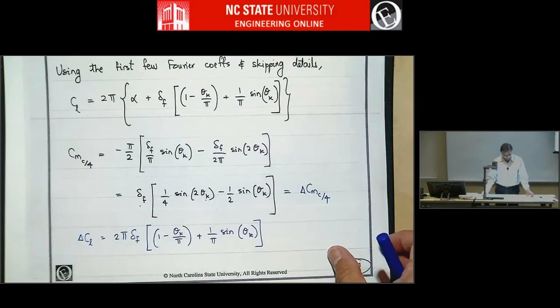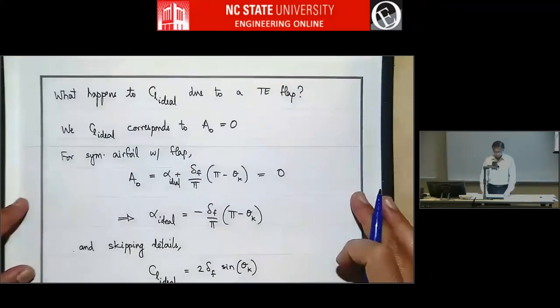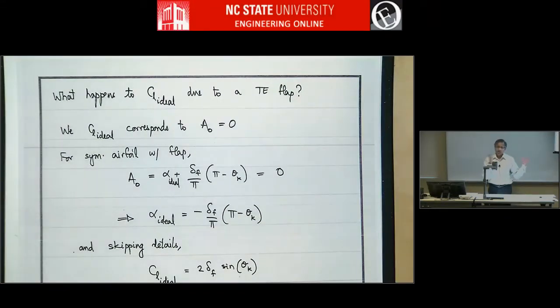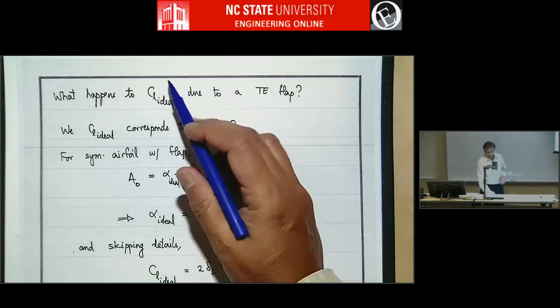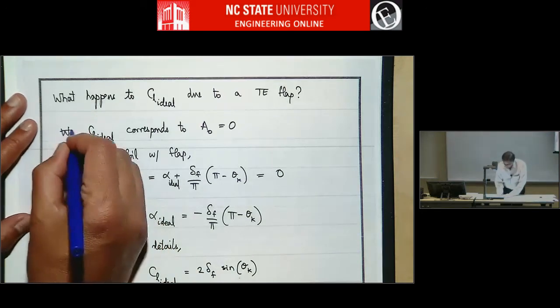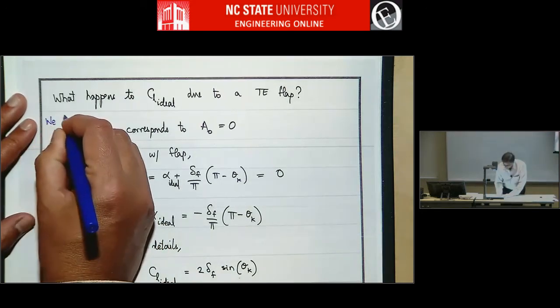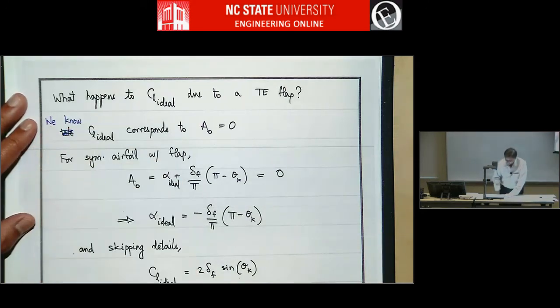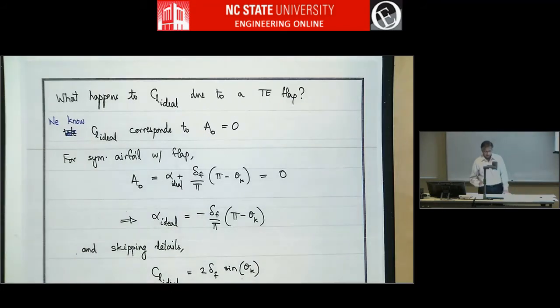Okay, and then finally we'll combine these two topics that we did. So that's the effect of flap deflection. So we talked about ideal angle of attack, ideal lift coefficient, and flap. So let's see what happens to CL ideal due to a trailing edge flap. So we know CL ideal corresponds to A0 equals 0, right?